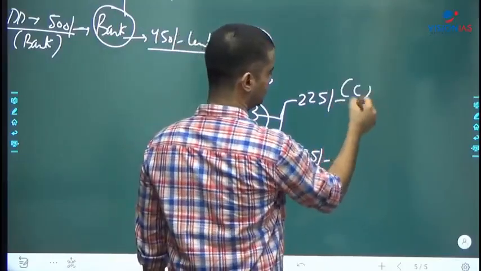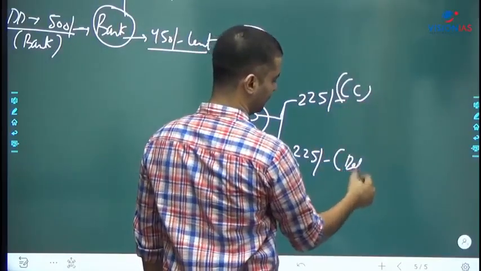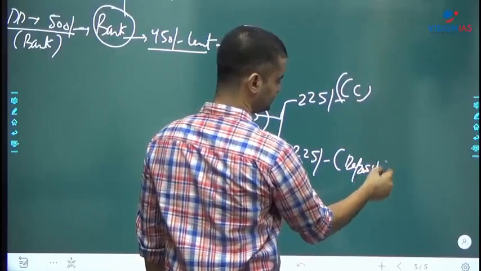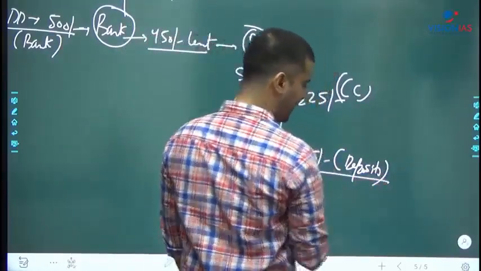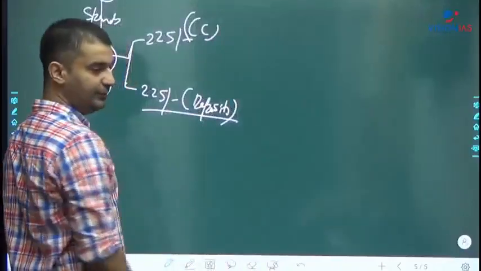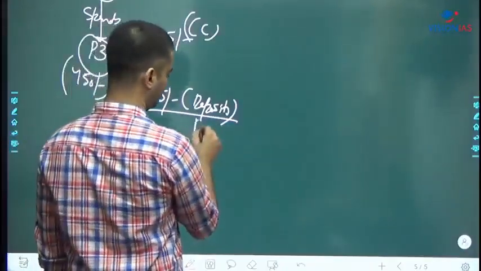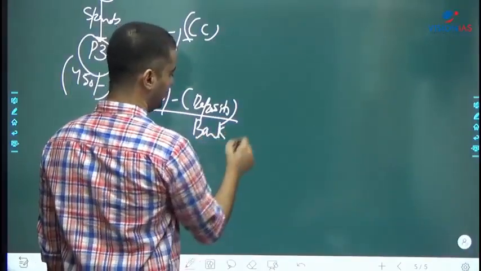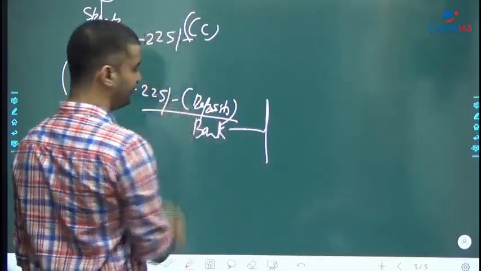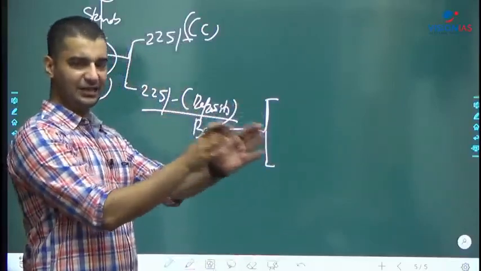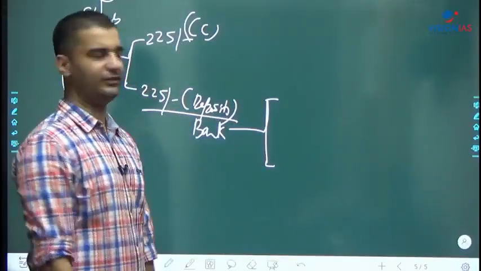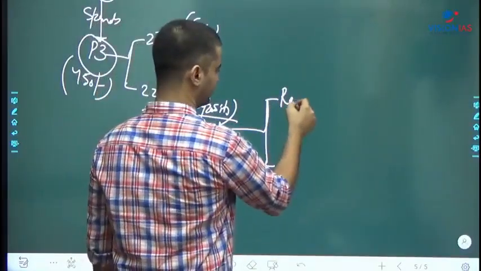This is currency, this is deposits. He'll deposit this money back in the bank. 225 rupees will be deposited back in the bank. Bank will receive 225. Out of this, 10% will be kept as reserves and remaining 90% will be lent. Reserves कितना है?